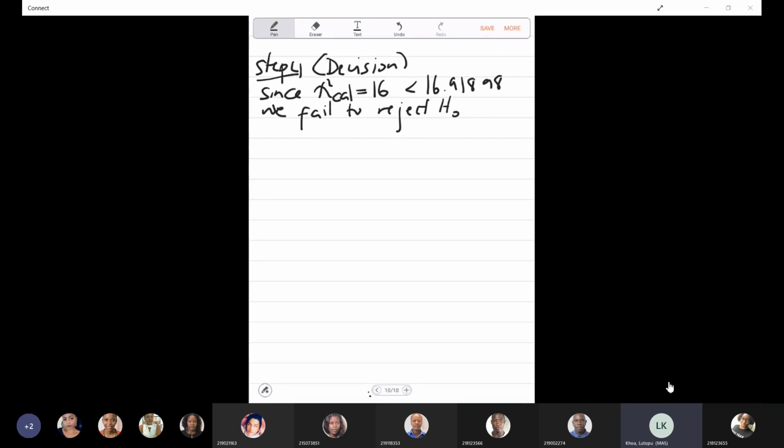Okay, so if we fail to reject H naught, then we have to state what that means in terms of the battery. Okay, then step 5. This is our conclusion.